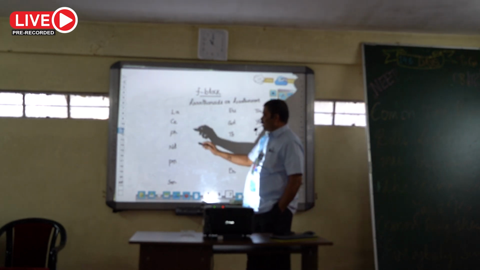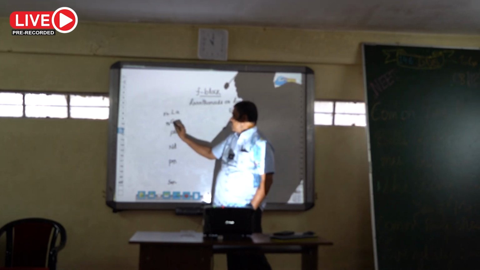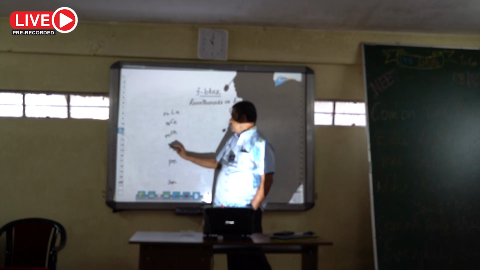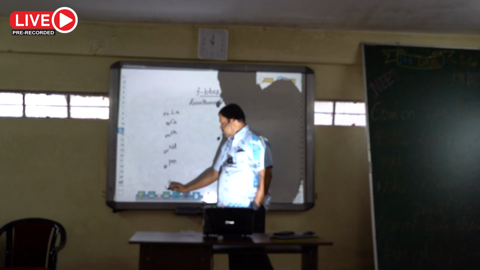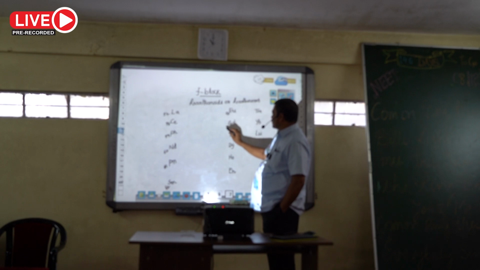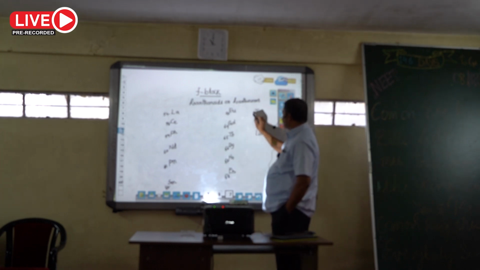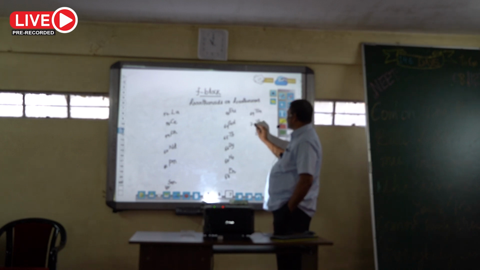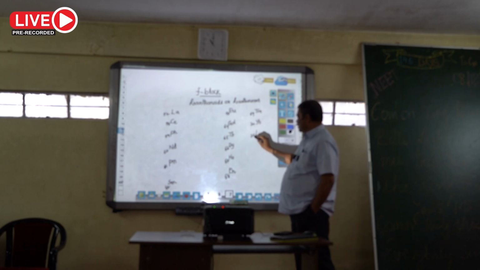So if you write the atomic numbers: 57, 58, 59, 60, 61, 62, 68, 71.